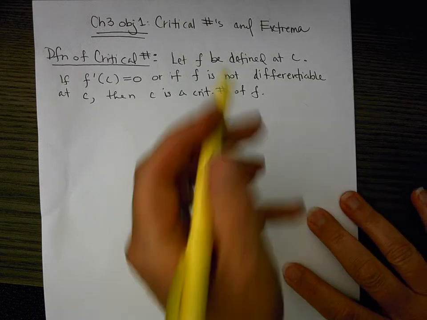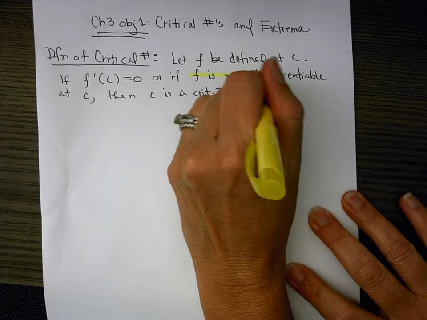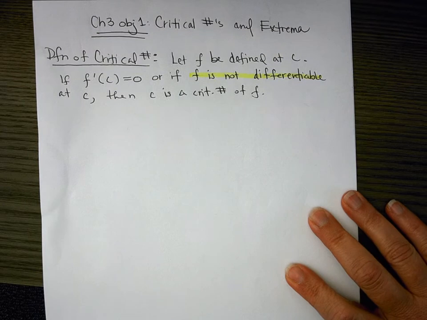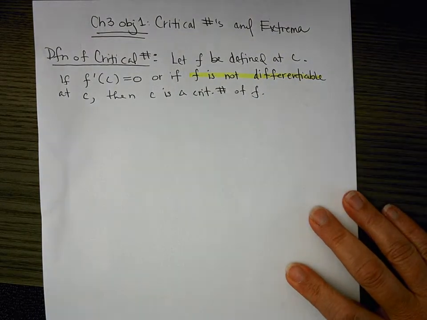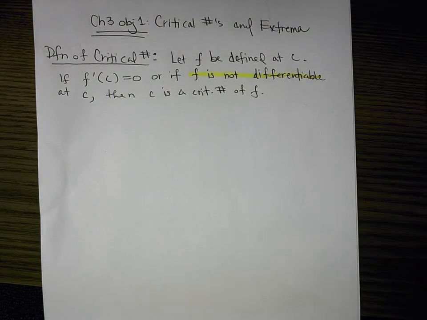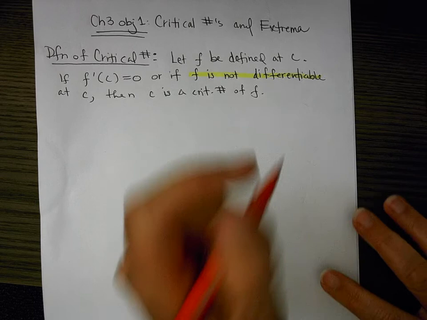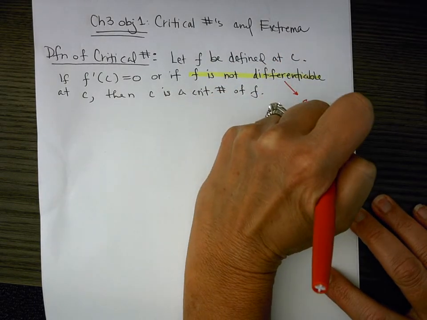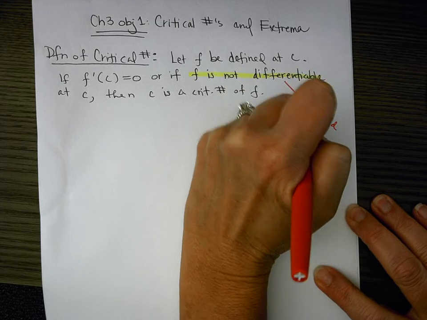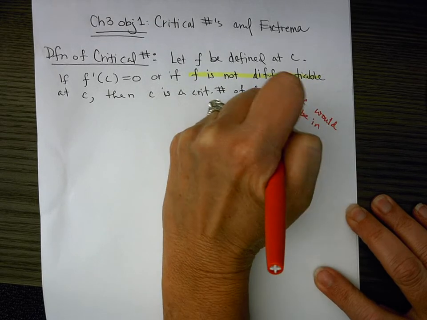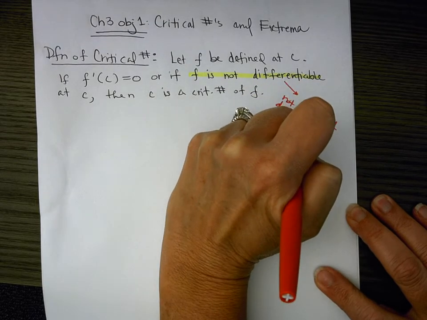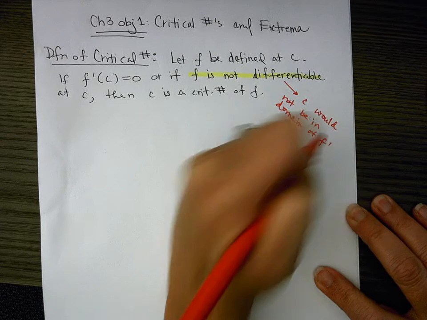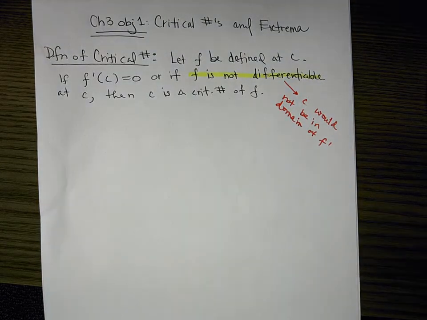When we're working with the derivative itself, so if we have what f prime actually is, then that just means that c would not be in the domain of f prime, okay? So in the domain of f perhaps, but certainly not in the domain of f prime. So that means that part is not differentiable.